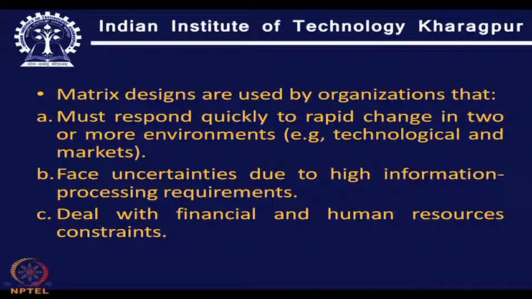So here we find that matrix designs are used by organizations that must respond quickly to rapid change in two or more environments, face uncertainties due to high information processing requirements, and deal with financial and human resources constraints.